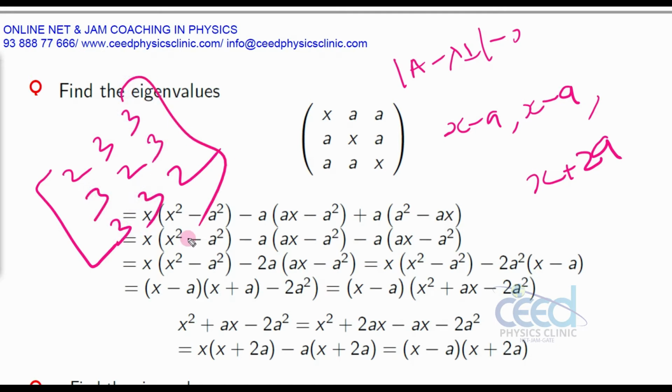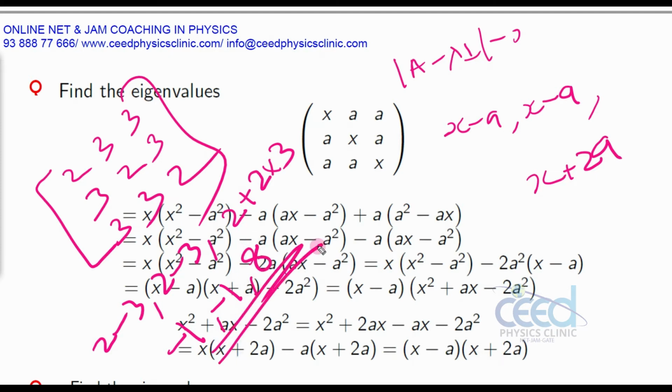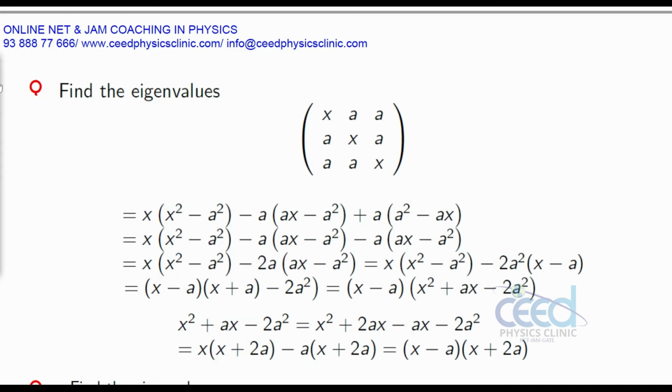That is X minus A, that is 2 minus 3, 2 minus 3, and the last one is X plus 2A, that is 2 plus 2 into 3, which is minus 1, minus 1, and 8. So these are the eigenvalues of this matrix. These are simple tricks which you have to remember to solve for eigenvalues.